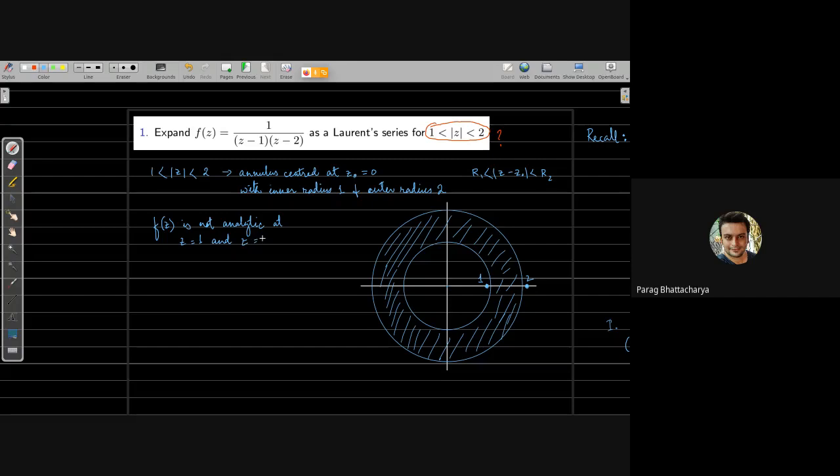So that's why these 2 points are outside, they are not included. That's the reason why we have less than and less than. In the region we are considering, we are not including these 2 points. Is that clear?